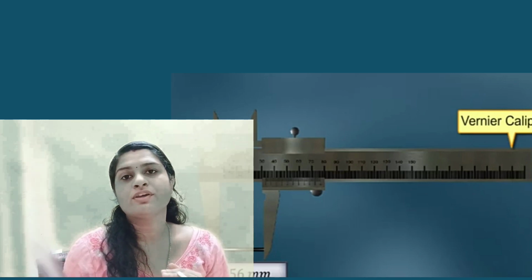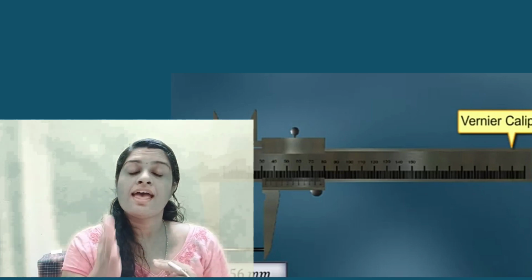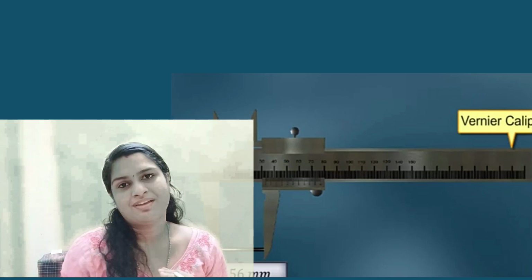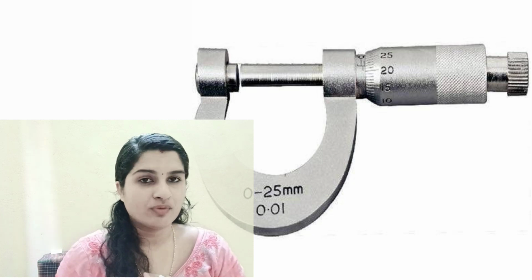Means here if I got the length of pen as 14.4 and in between 14.5 centimeter, I can find it up to a more accurate value, suppose 14.44 centimeters, right? That is the actual value that I got in vernier calipers. But is it true that it should be actually 14.44?